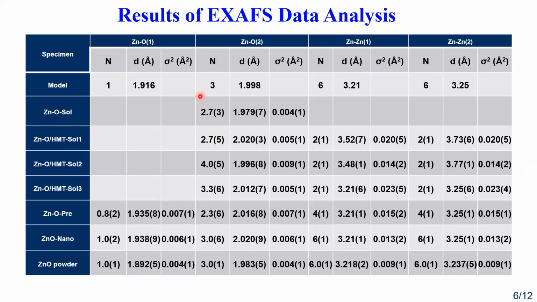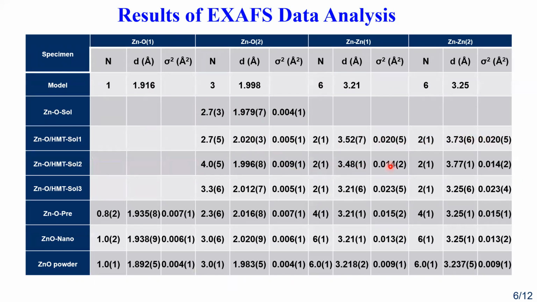Zinc oxide has 4 coordinations of oxygen as the first neighbor, and 12 coordinations of zinc as the second neighbor. The zinc oxide solution shows only about 3 oxygen coordinations without any zinc coordinations. When we apply the HMT, the zinc coordination shows up, but it is very unstable.